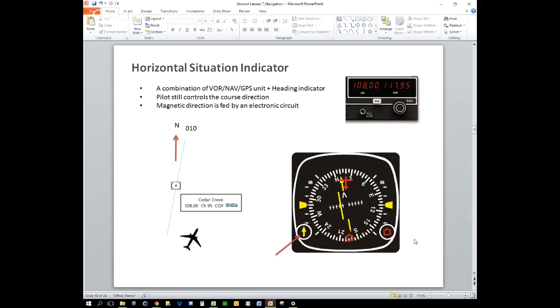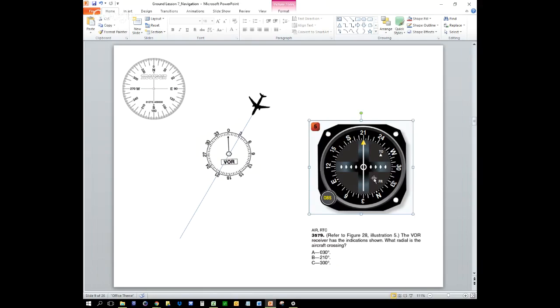All right. Kind of another twist on VORs. There's an instrument in some higher performance airplanes called a horizontal situation indicator. I mentioned before the VOR receiver and gauge doesn't really care what heading you're on.